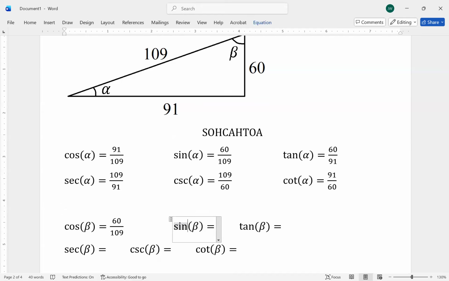The sine of beta is going to be the opposite over the hypotenuse. That's 91 over 109. And the tangent of beta is opposite over adjacent. Again, I'm getting that from SOHCAHTOA. Tangent is opposite over adjacent. Opposite is 91, adjacent is 60.